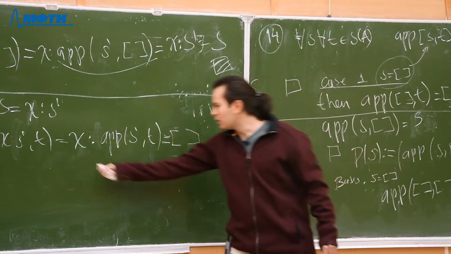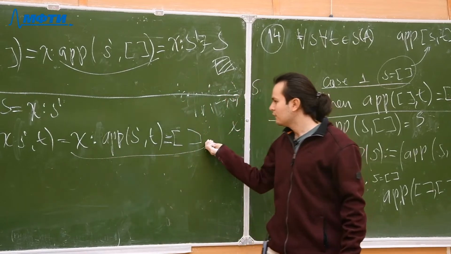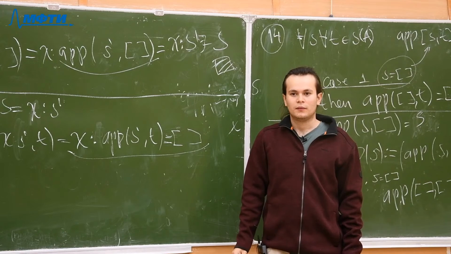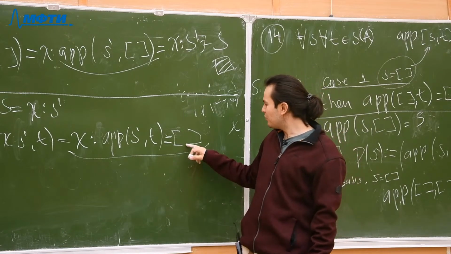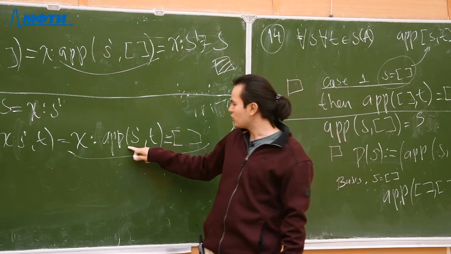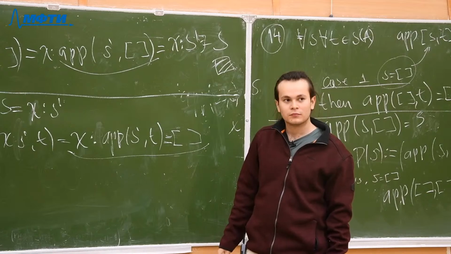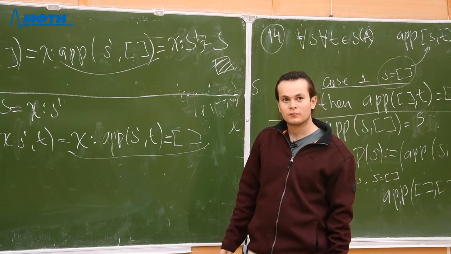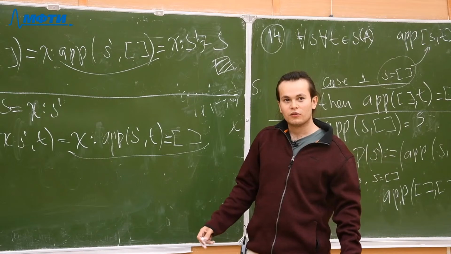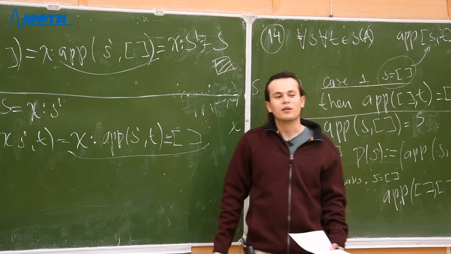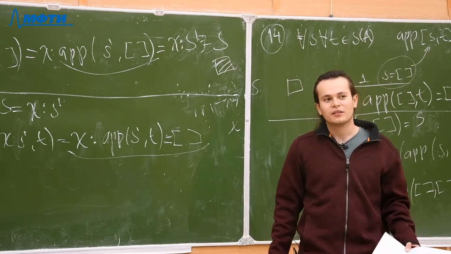What can we see here? So we are saying that the empty string is equal to this. So what are you saying?